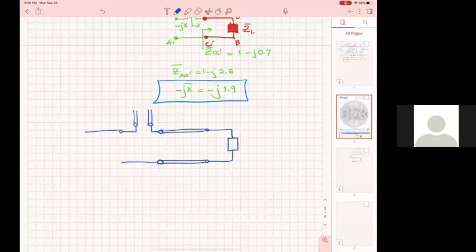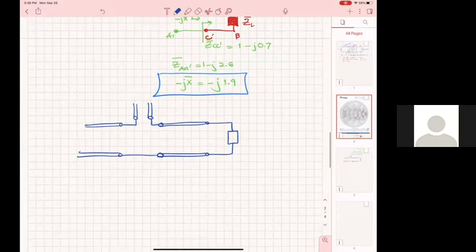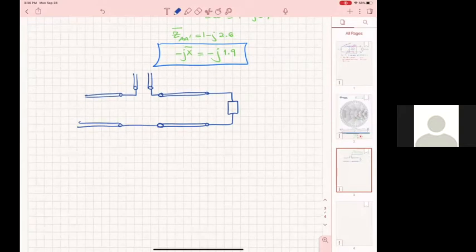So practically what I have is a negative reactance. So if you think about it, I have the equivalent of a capacitor in series with a section of a line.